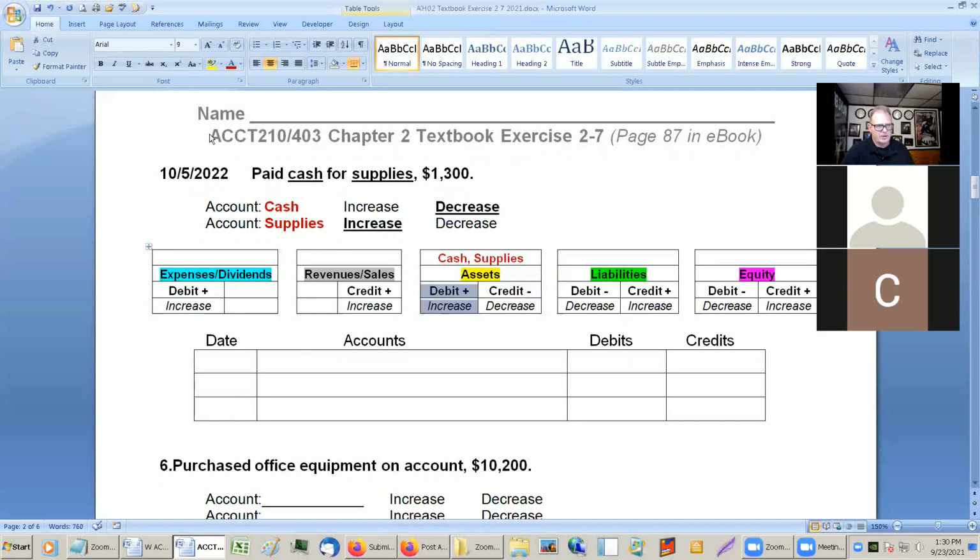So one's going to be a debit, one's going to be a credit. Okay, so which is which? Cash is a credit, supplies is a debit. Yep and yep. So supplies is increasing, so supplies will be the debit.